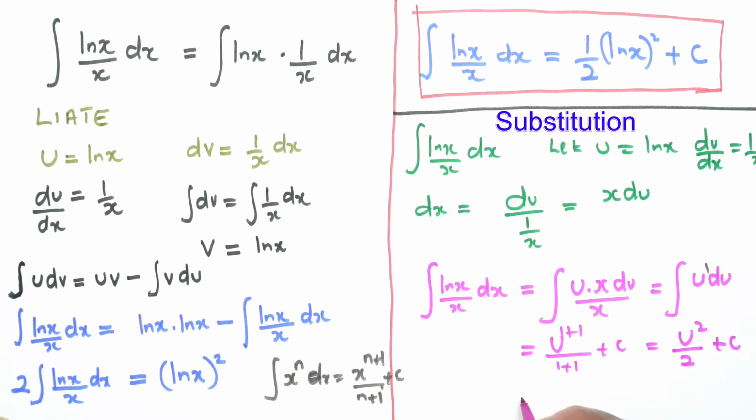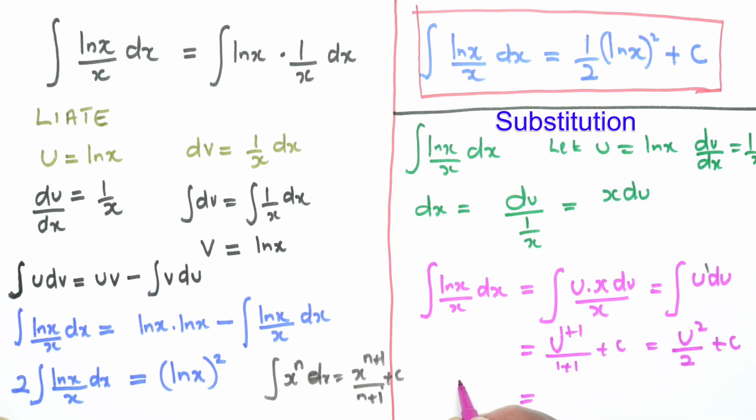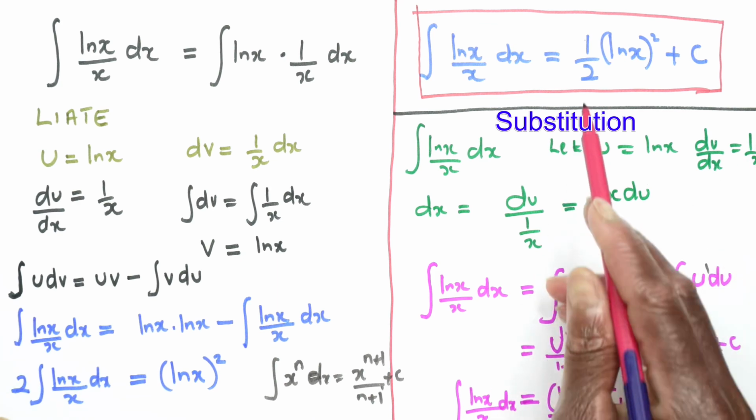If I replace u with ln x, the integral of ln x over x dx will be equal to ln x all squared over 2 plus c. That's the final answer, because the over 2 is a half.